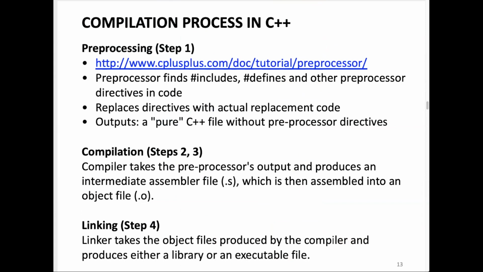The compilation of a C++ program involves three steps. Step number one, the preprocessor takes a C++ source code file as your input, and it deals with all of the pound includes and pound defines. So we'll get into this. Whenever you see pound include, pound define, especially pound include, it pulls additional files in.